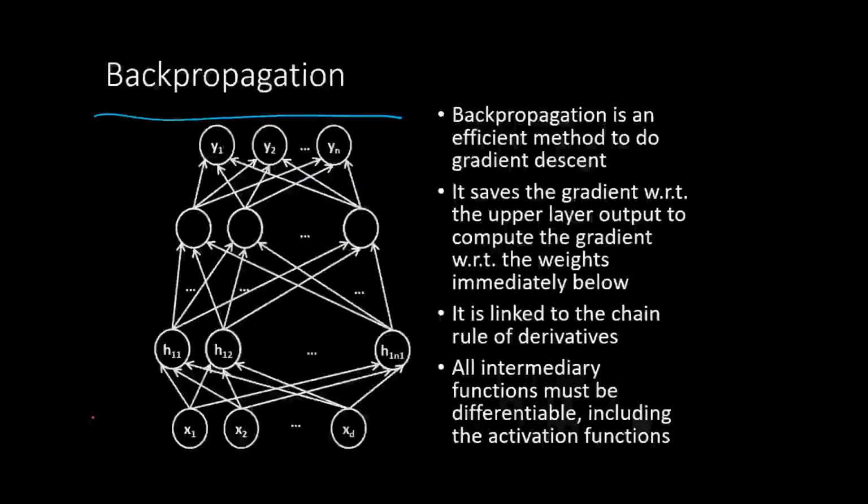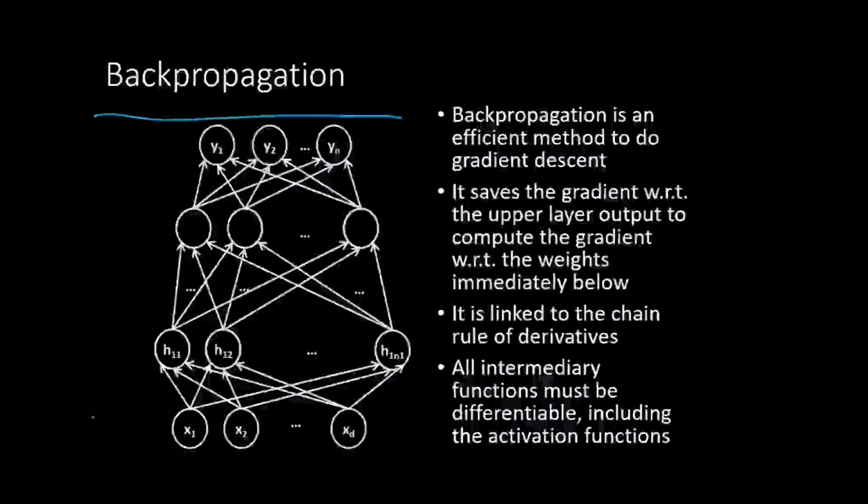While doing so, with a few extra calculations, we can store the information needed for computing the gradient for such a large, layered and complex function, which is the neural network. So it's nothing but gradient descent, but we save partial derivatives as we go forward, and then we link them back together using the chain rule of differentiation when we come back.